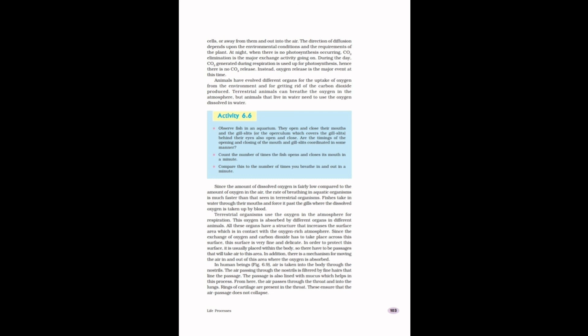The air passing through the nostrils is filtered by fine hair that line the passage. The passage is also lined with mucus, which helps in this process. From here, the air passes through the throat and into the lungs. Rings of cartilage are present in the throat. These ensure that the air passage does not collapse.